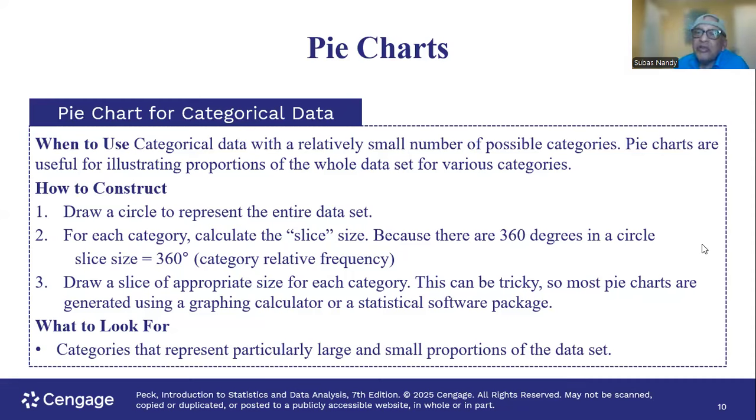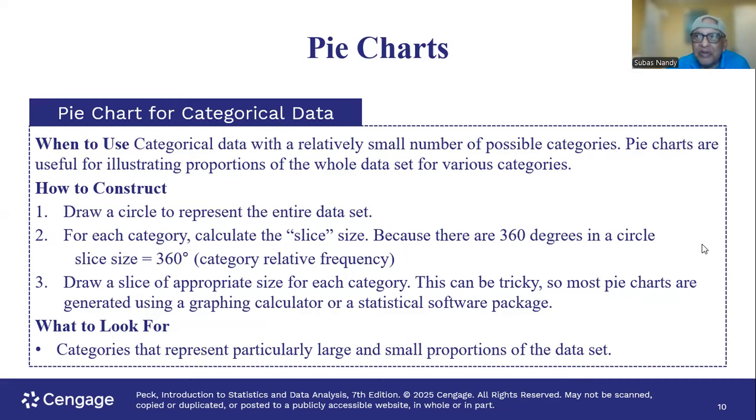So another way of representing the data is a pie chart. Pie, as the name suggests, is a full circle, like a pizza pie, and then it is divided into sectors. Each sector will be proportional to the relative frequency of each class.